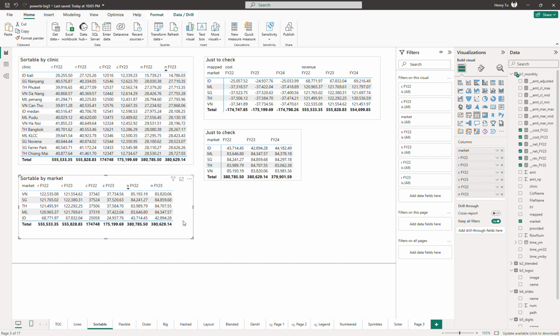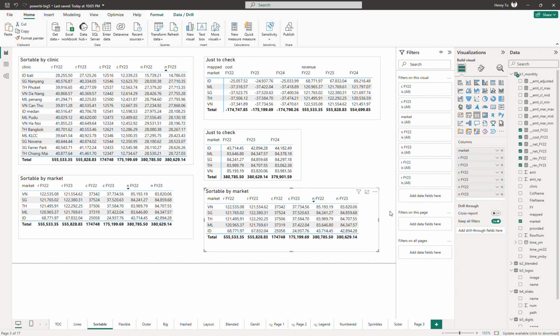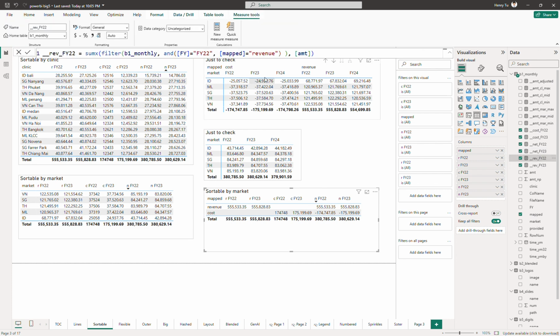Let me show you the breakdown by map, which is quite weird, but we will understand more about the mechanism behind the formula. You can see here the revenue formula is like this: revenue 22.